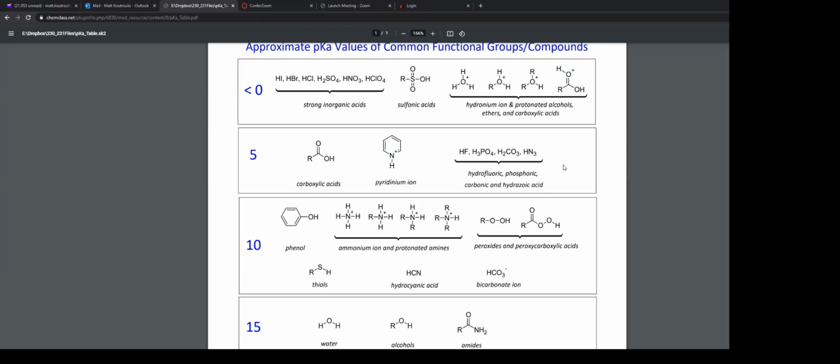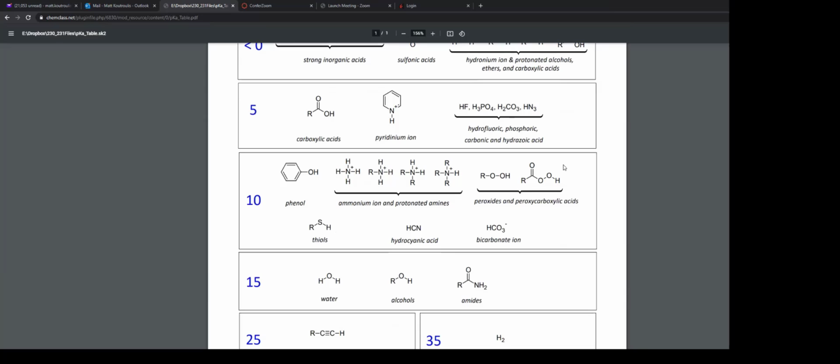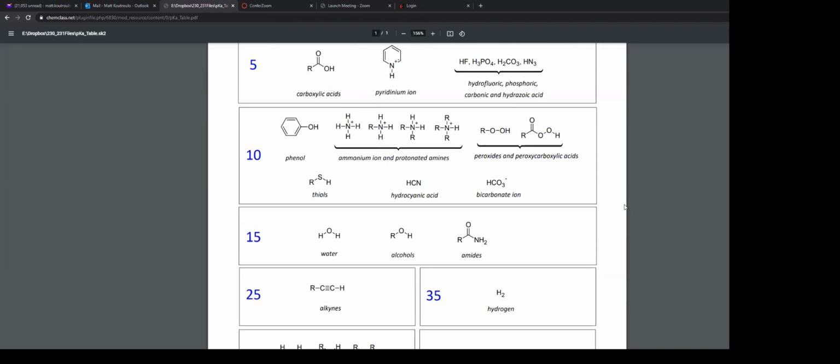You don't need to write this all out. It's on the website. Okay. I don't really need you to memorize carbonic and hydrozoic acid. Those two aren't really important. Ten would be phenols.